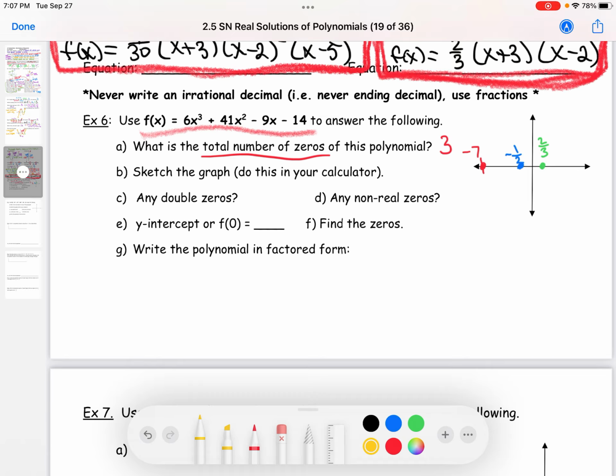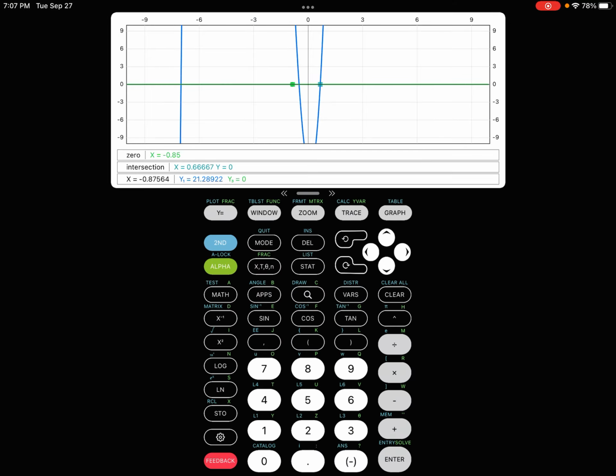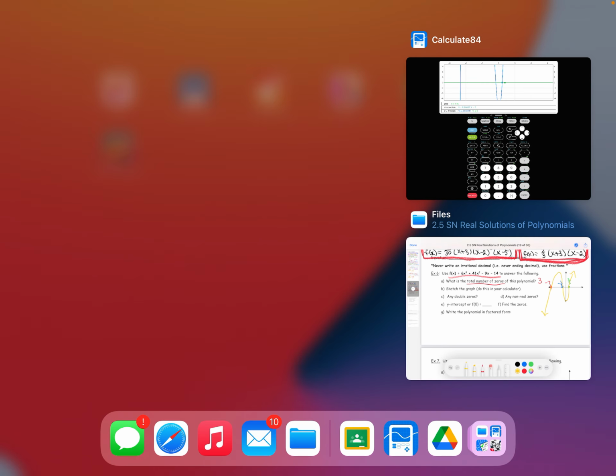Okay? Now, we know it's an odd degree. It's a positive leading coefficient. The right end will go up. And we come down and around, and here's our graph. It's not perfect on my paper, but if we look at this on the screen, I think I can pinch this, maybe, and kind of see that shape.